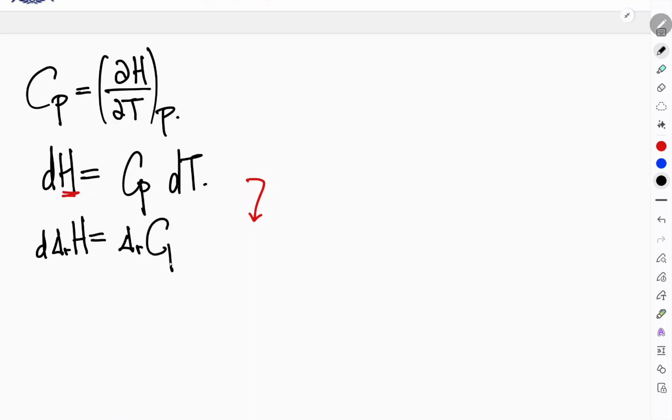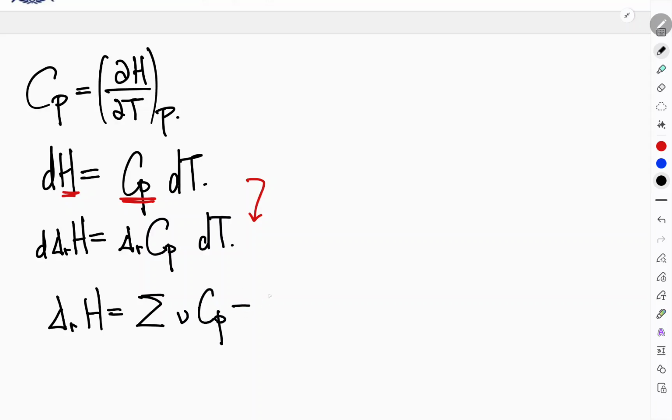So this is the difference between the heat capacity of the product and the reactant, defined as the sum of the product heat capacities minus the sum of the heat capacities of the reactants. This nu is still the stoichiometric coefficient.